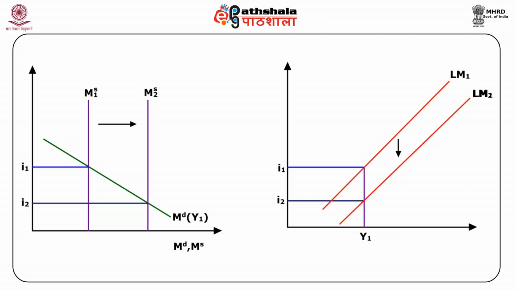The income level has not changed but remains at Y1. The new equilibrium interest income combination I2 and Y1 is attained at a lower curve LM2. Thus, the LM curve shifts to the right as money supply increases.